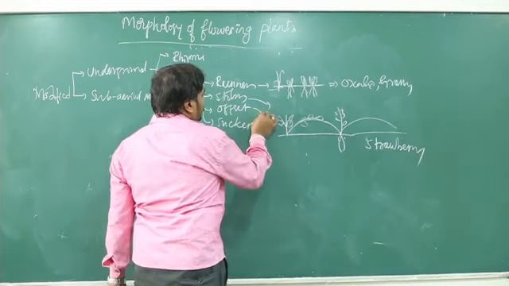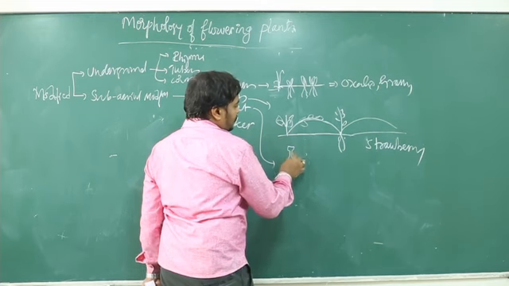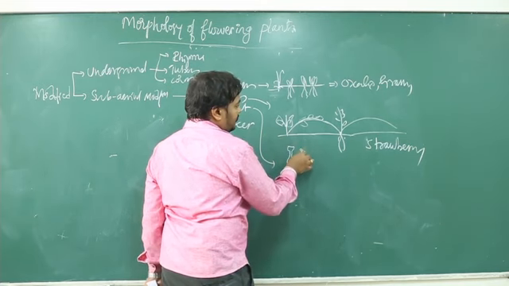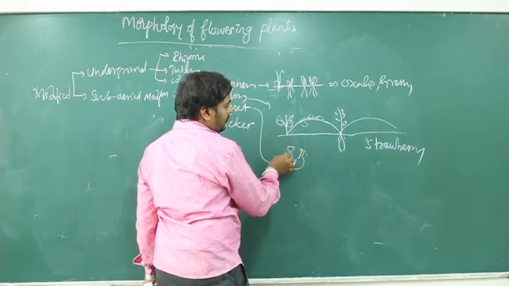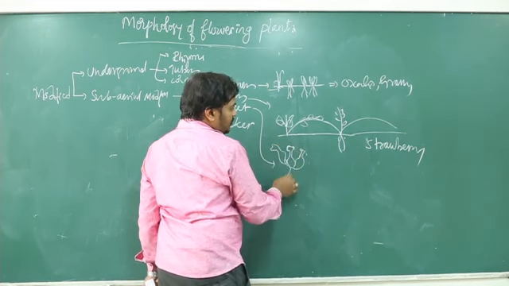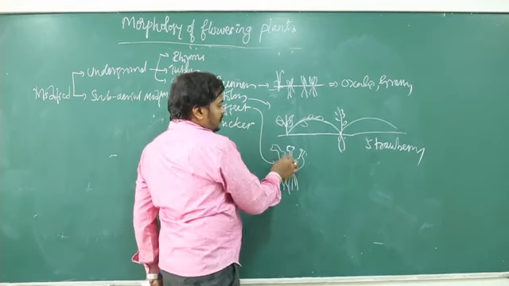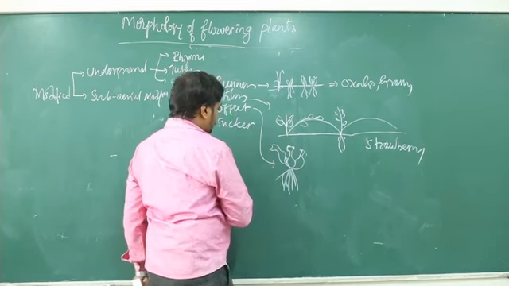Next, come to the offset. There are certain plants which have a bulged petiole like this and leaves. This is the actual leaf, this is the petiole, and it produces tufts of leaves. It produces a branch from the main plant.